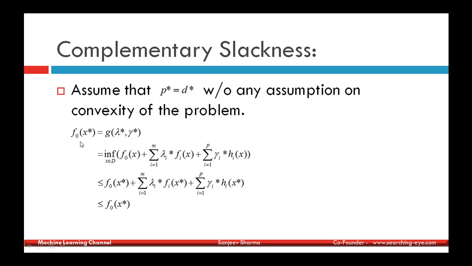Since the two values are equal, that is f naught of x star equals g of lambda star comma gamma star, therefore f naught of x star will be equal to f naught of x star plus the sum over i from 1 to m of lambda i star times fi of x star plus the sum over all i of gamma i star times hi of x star. And therefore f naught of x star is common on both the LHS and RHS, and this expression is 0, therefore this expression has to be 0.